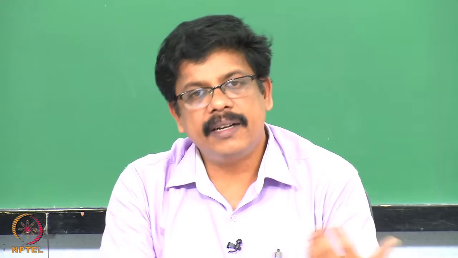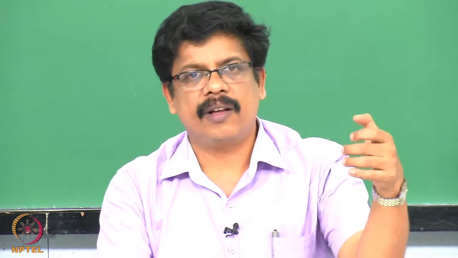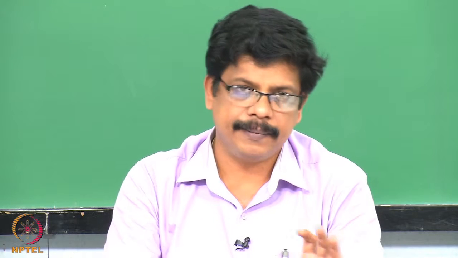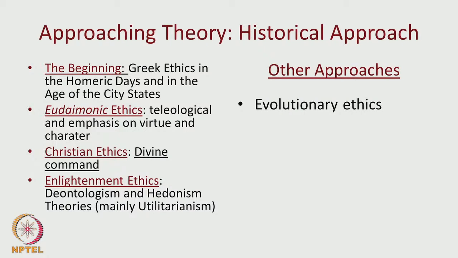And now, when you talk about other approaches, where I am not really following a historical chronology, I will be mentioning certain other important approaches like the idea of evolutionary ethics, which became prominent with Charles Darwin's work on evolution.